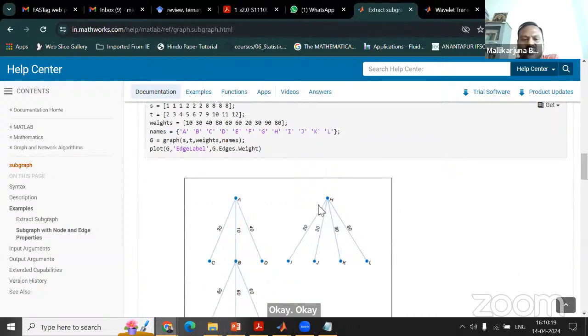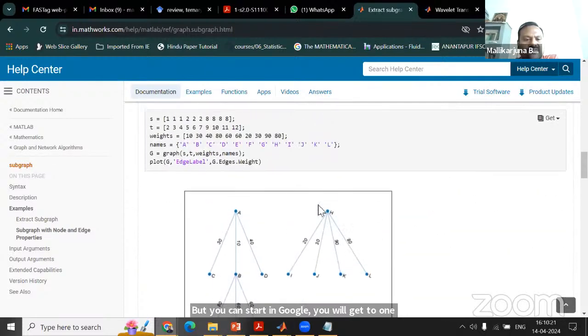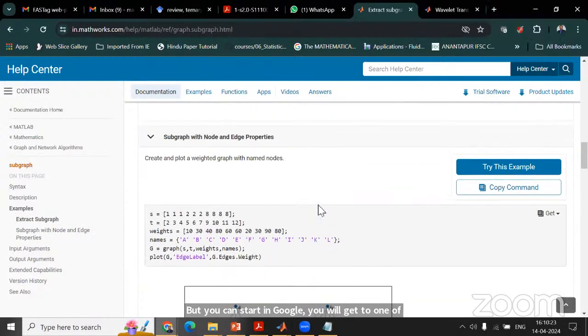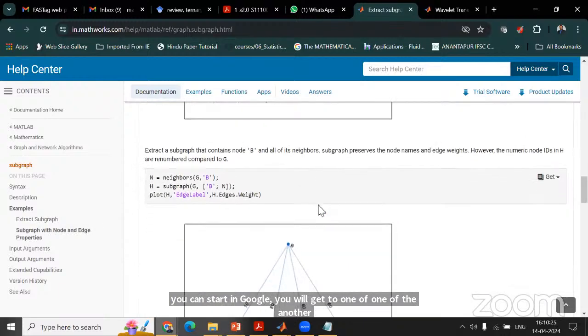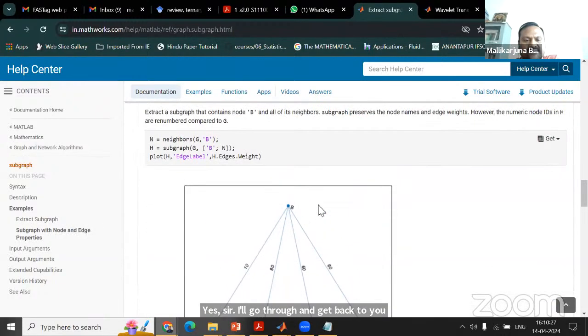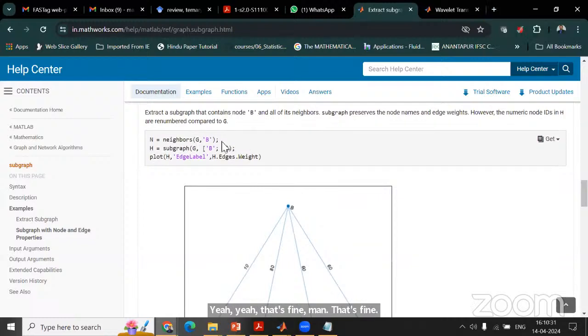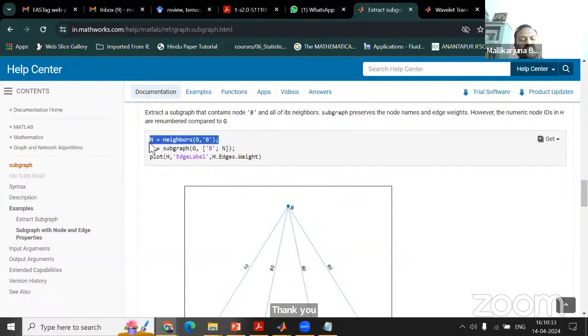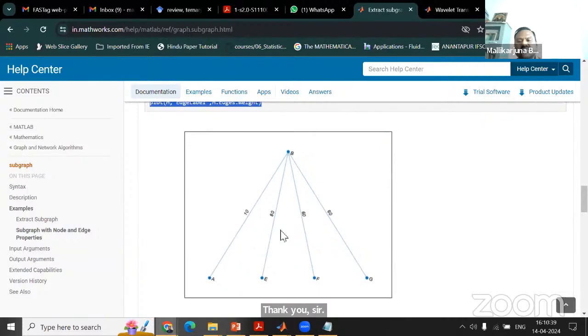But you can search in Google, you will get one or another. Yes, sir. I'll go through and get back to you. That's fine, madam. Thank you, sir. See here, they mentioned neighbors of a certain vertex. If you extract that, the opposite is easy to find.